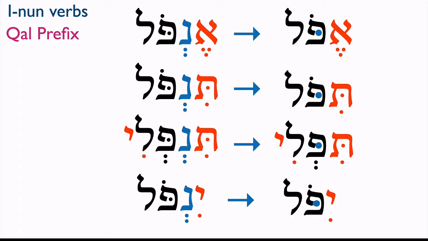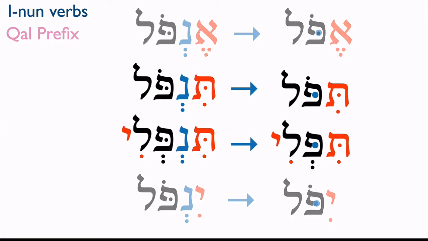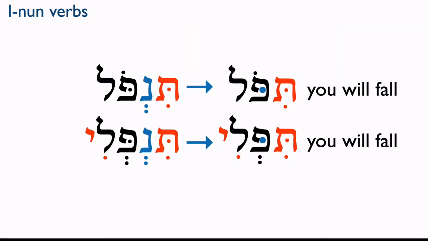Now, since we have the prefix forms right before us, this is a good time to ask about how we make the imperative. So here we're looking at the forms for you will fall, and we've kept the theoretical original form on the left. You'll see why in a moment. What's the usual rule for how to make an imperative?